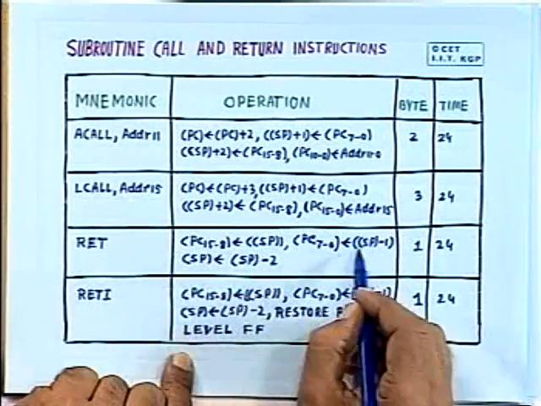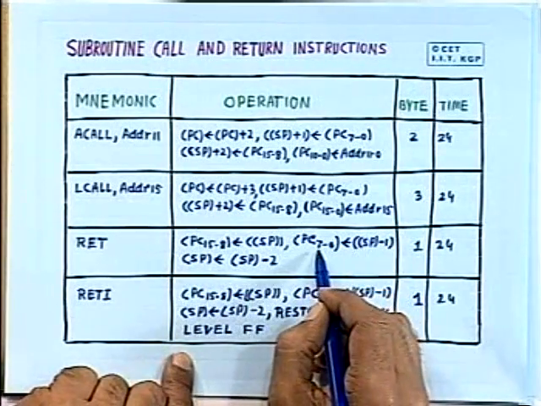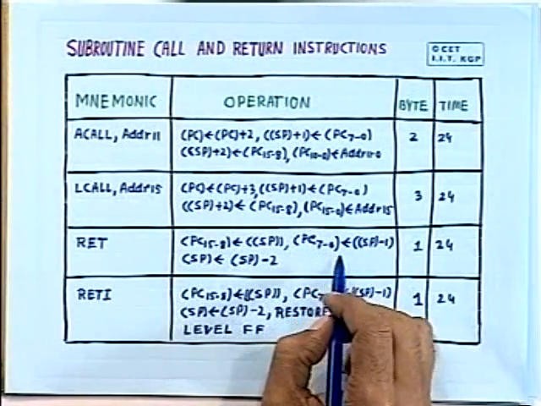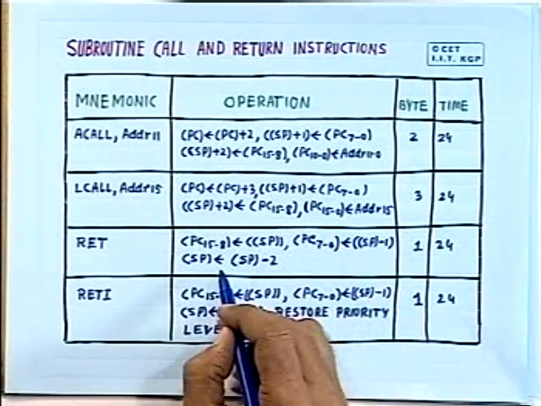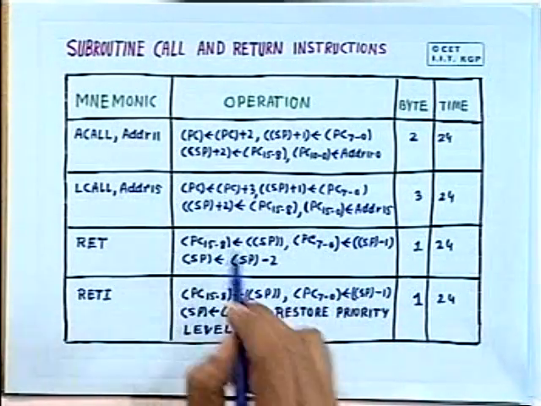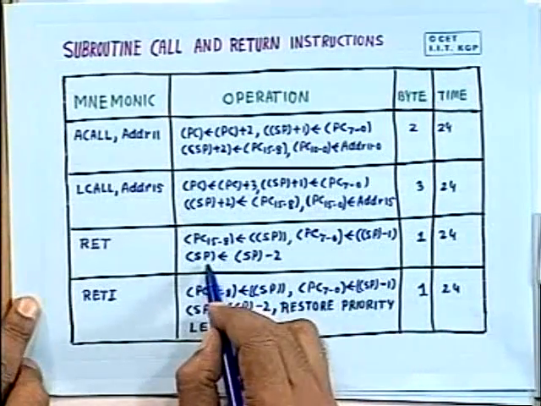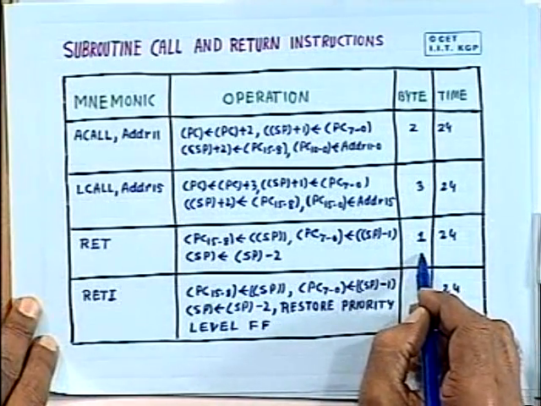As you can see in the return instruction, the stack pointer is post decremented as you pop the data from the stack to the lower order byte of the program counter or the higher order byte of the program counter. And it also decrements the stack pointer by 2 at the end of the execution of the return instruction.